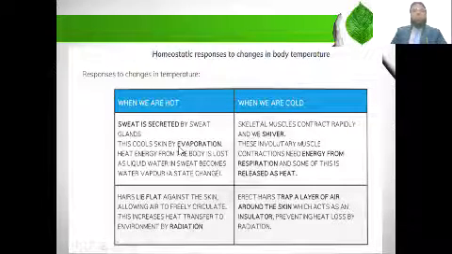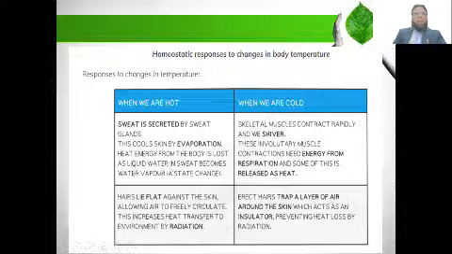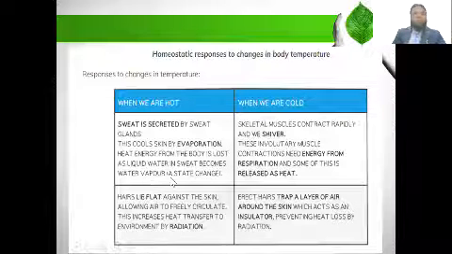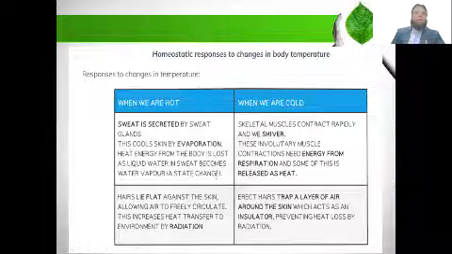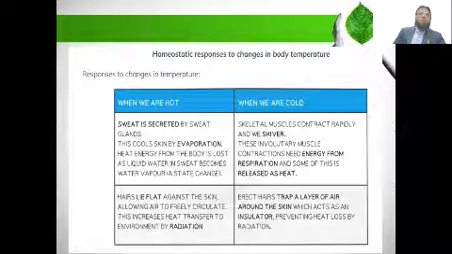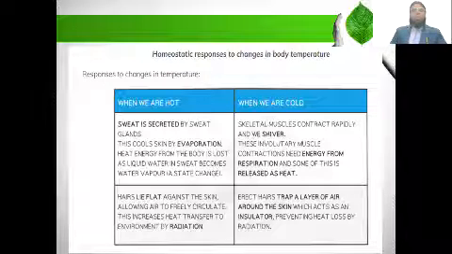This cools the skin by evaporation. Heat energy from the body is lost as liquid water in the sweat becomes water vapor, a state change. In the hot condition there is too much sweating, and evaporation is the process of cooling.